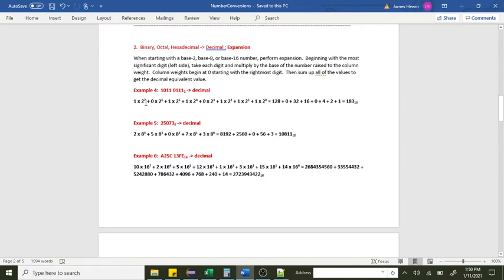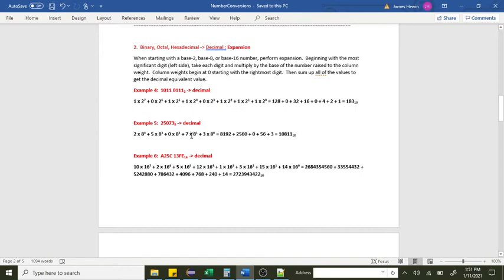So this will be 1 times 2 to the 7th, plus 0 times 2 to the 6th, plus 1 times 2 to the 5th, plus 1 times 2 to the 4th, plus 0 times 2 to the 3rd, plus 1 times 2 squared, plus 1 times 2 to the 1, plus 1 times 2 to the 0. Just remember, any number raised to the 0 power is always 1. So when I compute these intermediate values, then sum them up, I get 183 base 10.